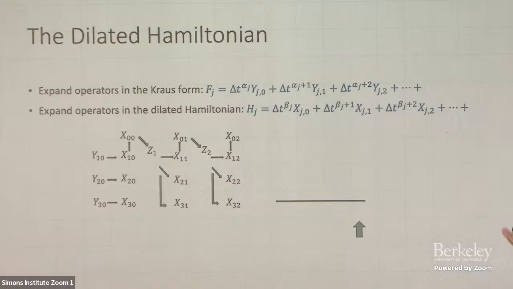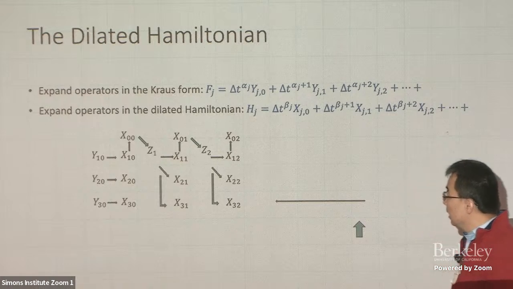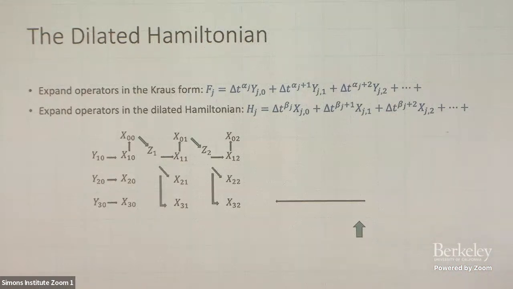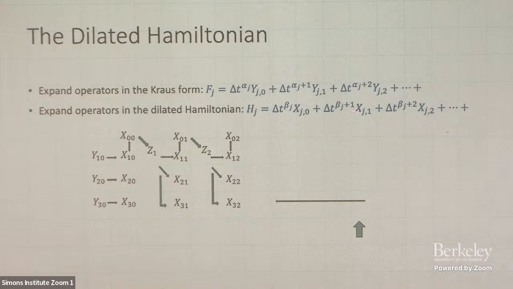So you could start with delta t to the 1/2, right? This is something that you can figure out from the Ito-Taylor expansion. So you can think of these as the input. And then for the blocks in the dilated Hamiltonian that you're looking for, you expand them in a similar form, and you just have to find these coefficients by matching different powers, okay?